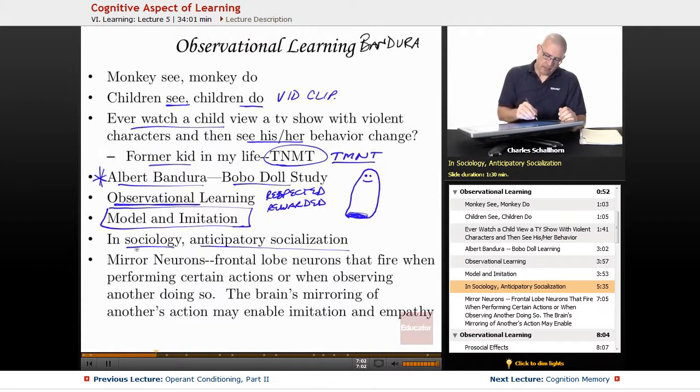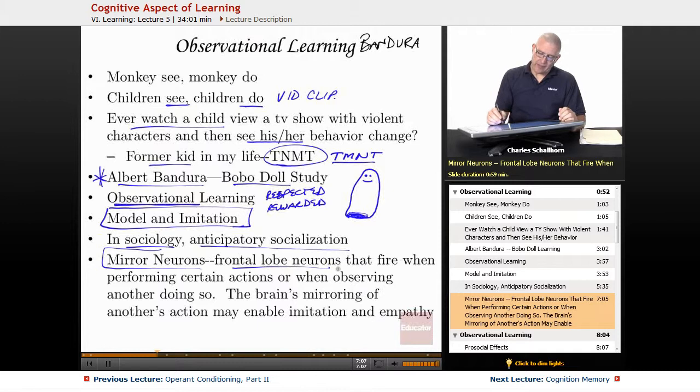Tying biology back into this, mirror neurons are in the frontal lobe, and they fire when we are performing certain actions or when observing other people doing certain actions. It's the idea that the brain mirroring another person's action may enable imitation and empathy.